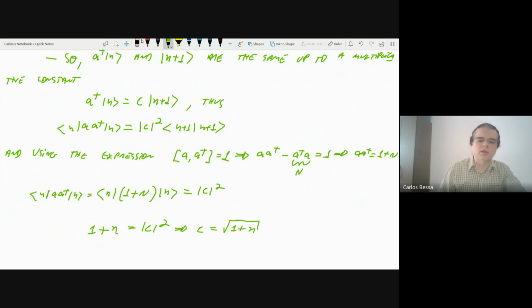And so I can use the c here, and I find a dagger n equals square root of n plus 1 times n plus 1.